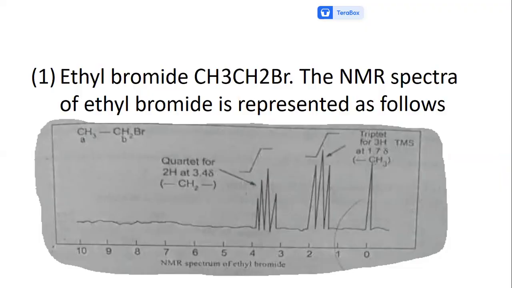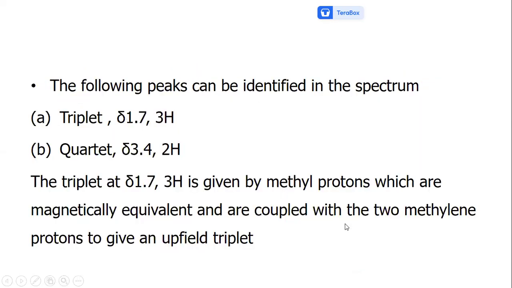The NMR spectrum of ethyl bromide is represented as follows: quartet, delta value 3.4, 2 hydrogen, and triplet, 3 hydrogen, delta value 1.7. This is with tetramethylsilane as reference, and is the NMR spectrum of ethyl bromide.